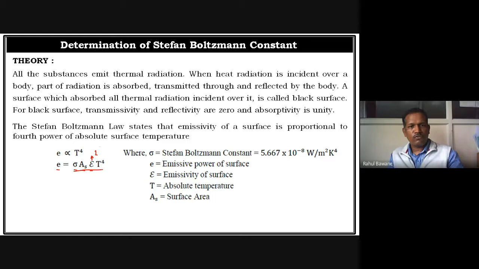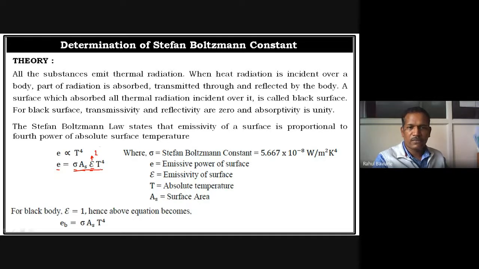So according to Stefan Boltzmann's law, emissive power of any body is directly proportional to temperature raised to the power 4. For any body other than a black body, emissive power will be sigma multiplied by its surface area available for radiation, emissivity of that particular surface, and temperature raised to the power 4, and that temperature will be the absolute temperature.